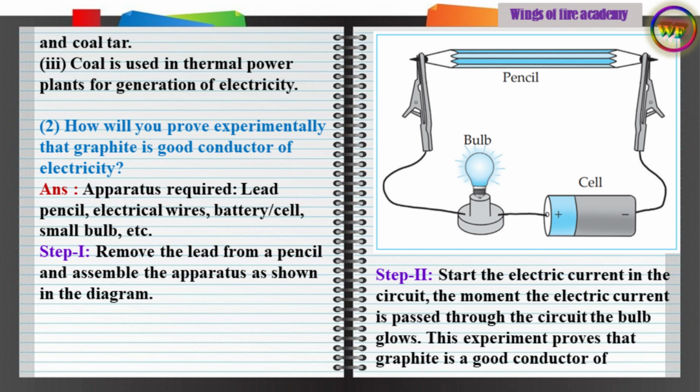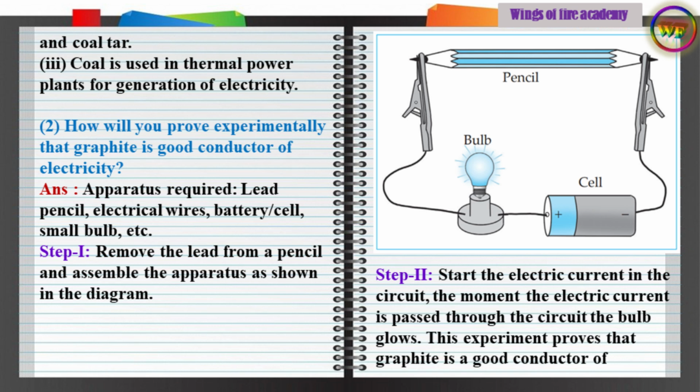2. How will you prove experimentally that graphite is a good conductor of electricity? Answer. Apparatus required: lead pencil, electrical wires, battery cell, small bulb, etc. Step 1. Remove the lead from a pencil and assemble the apparatus as shown in the diagram. Step 2.